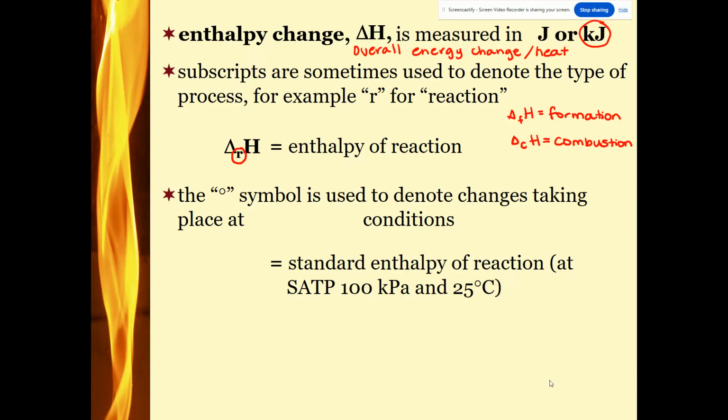Okay, so those are little letters that you'll see with the delta H, and also an H, which we'll talk about in a minute. You may also see a naught symbol. The naught symbol means that this reaction is taking place at standard conditions, which are our SATP conditions, 100 kilopascals and 25 degrees Celsius.